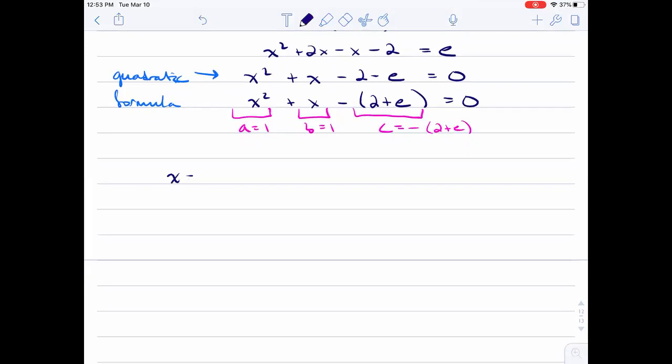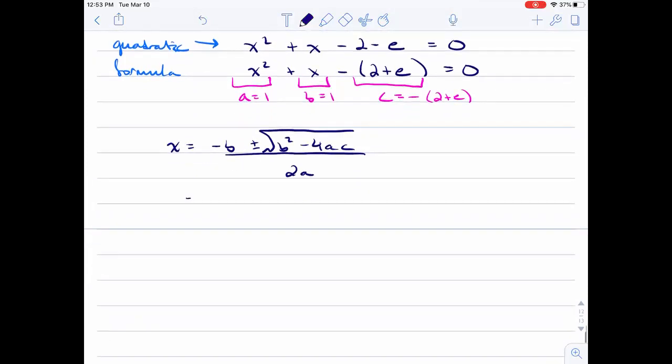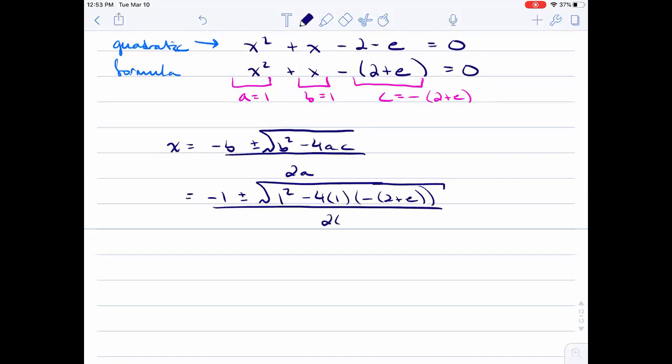So then x is negative b plus or minus the square root of b squared minus 4ac over 2a. Probably have that memorized by now. We use it so much. Which is negative 1 plus or minus the square root of 1 squared minus 4 times 1 times negative 2 plus e, over 2 times 1.